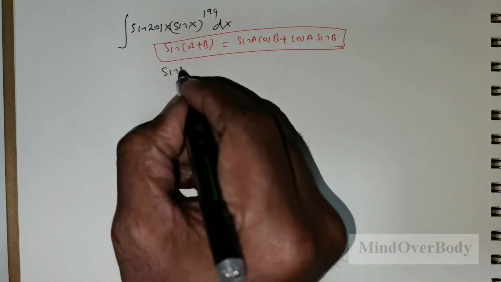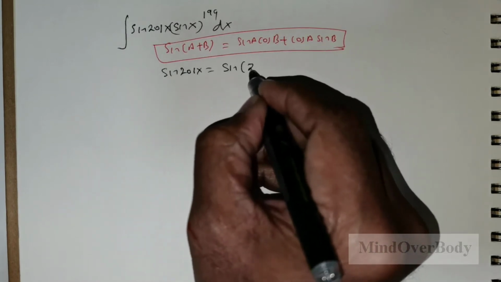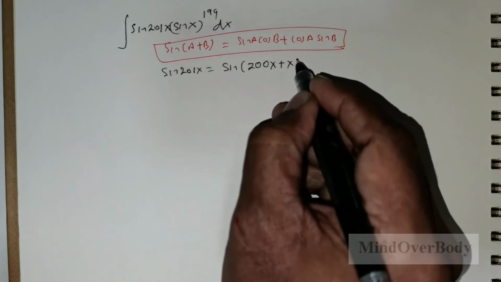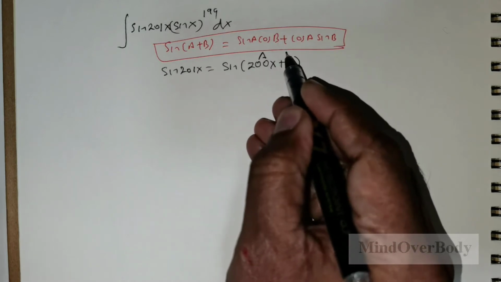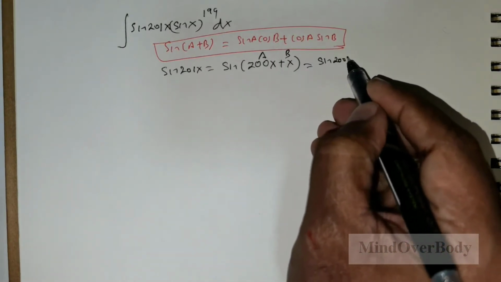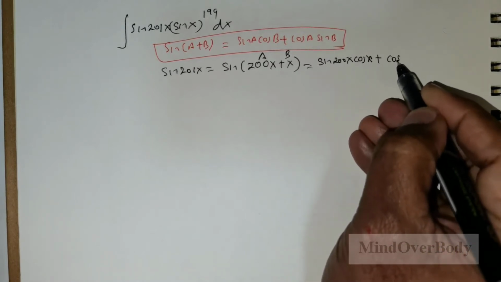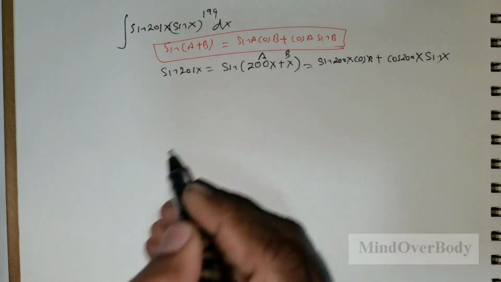Okay, so what do I do now? I'm going to rewrite sin 201x as sin of (200x + x). So this is my a and this is my b. Using the above formula, this is going to be sin 200x times cos x plus cos 200x times sin x.